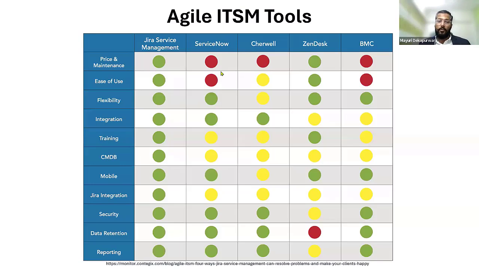In fact, ServiceNow is also picking up, but if you compare it to Jira, these are areas which can be looked at in ServiceNow. Now, if I talk about different aspects of agile service management, how it works, we'll look at that, and then we'll try to see whether these tools can help us meet those expectations. Can they help us in those areas? We are going to see that.